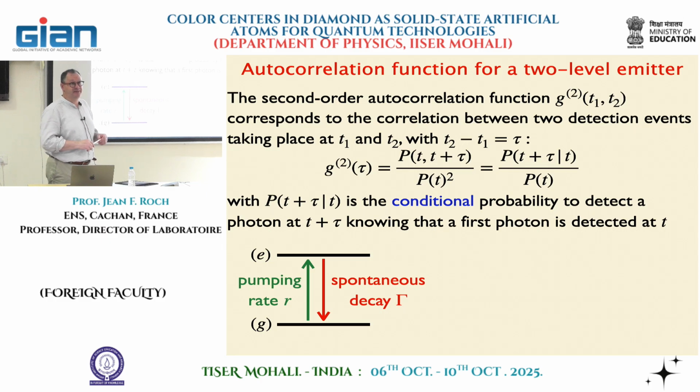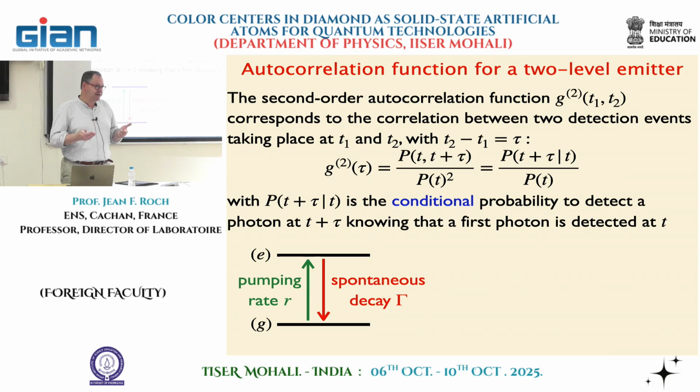The only relevant parameter is the difference between t1 and t2, the time tau defined as t2 minus t1. Then I define the G2 function as the probability of getting one photon at time t1 and another photon at time t1 plus tau, okay?